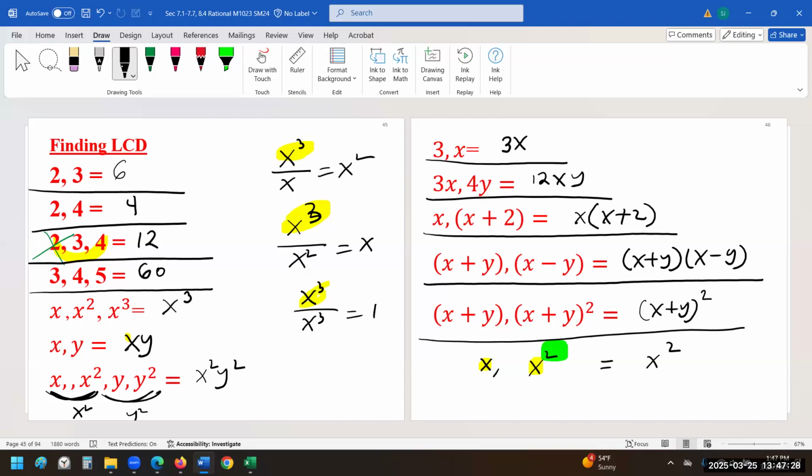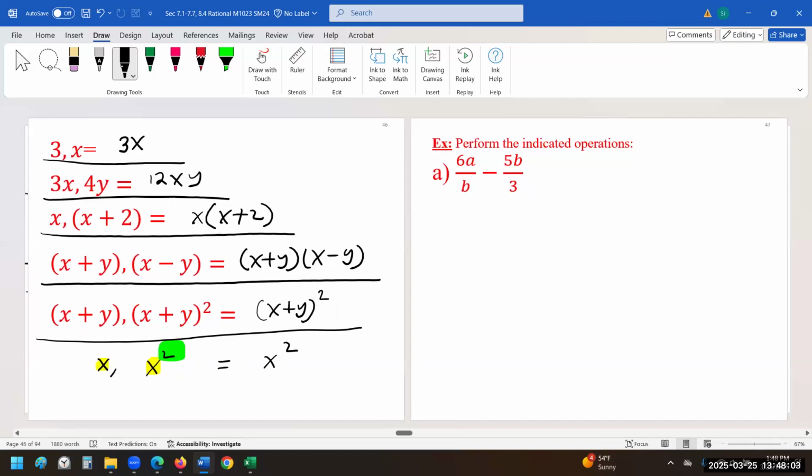So between x and x squared, which one is bigger? Between x squared and x cubed, which one is bigger? That concept follows this one. x plus y, one of them. x plus y, two of them. Which one is bigger? Two of them. So LCD is the two of them.